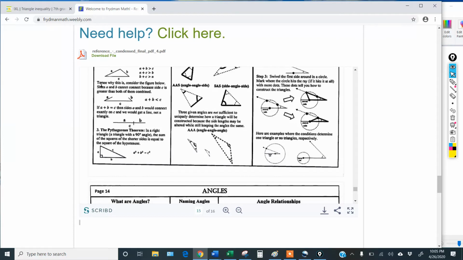To see why this is, which I go through in the video, consider the figure below. Sides A and B cannot connect because side C is greater than both of them combined. You see over here in this diagram, A is very short compared to C, and B is also very short, right? In fact, A and B are so short that if we try rotating A and B, there's no way we could connect them to actually form a triangle.